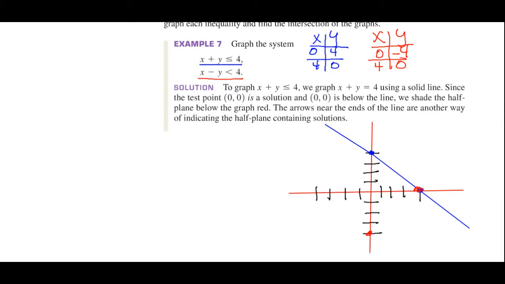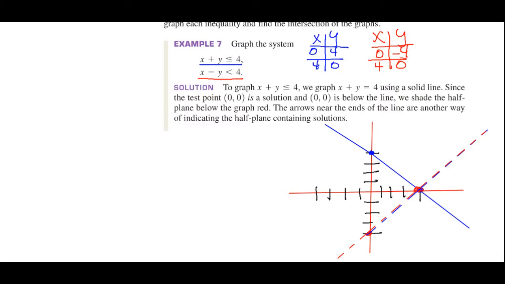So what I'm going to start off with is a solid line. Oops, I meant to make that red here. And I'm going to take my eraser and just erase it a little bit here.